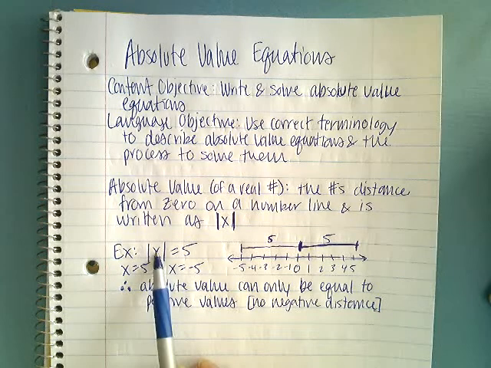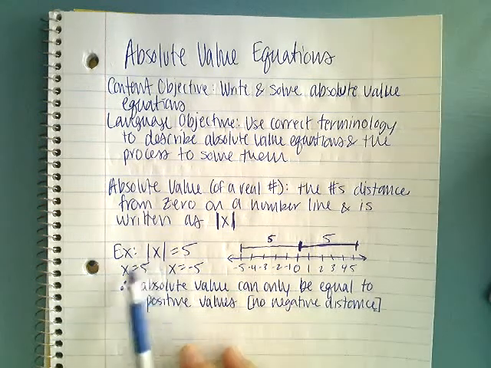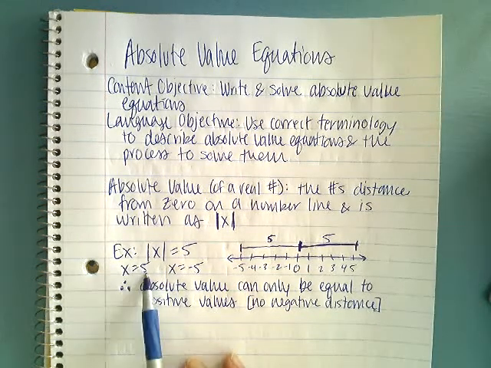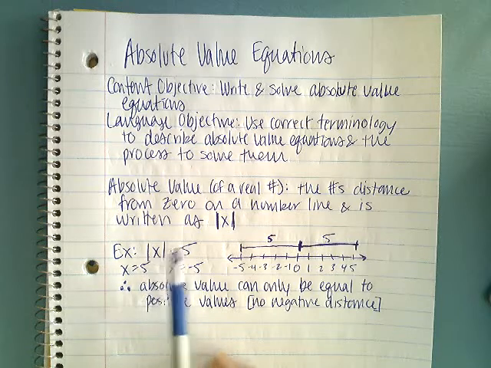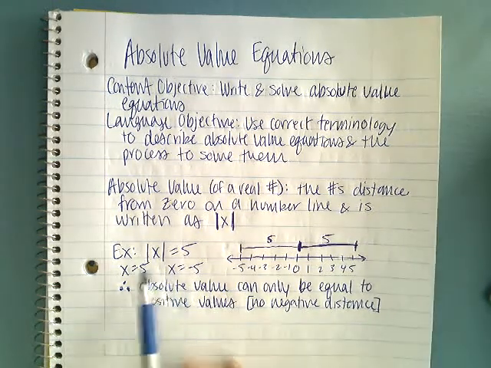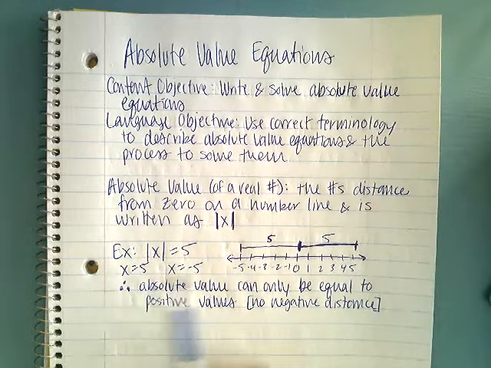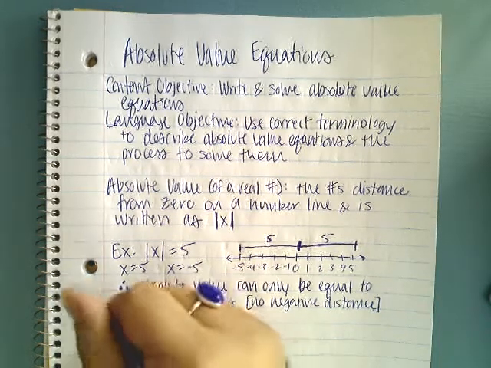So what's inside can never be equal to a negative number. So when I'm solving, I'm going to set up two equations, one where I take it out and set it equal to a positive, one where I take it out and set it equal to a negative, because what's in there before you make it absolute value or make it positive, since distance is always positive, you have to account for two possible ways that you could have a distance of 5 in the positive direction or in the negative direction.